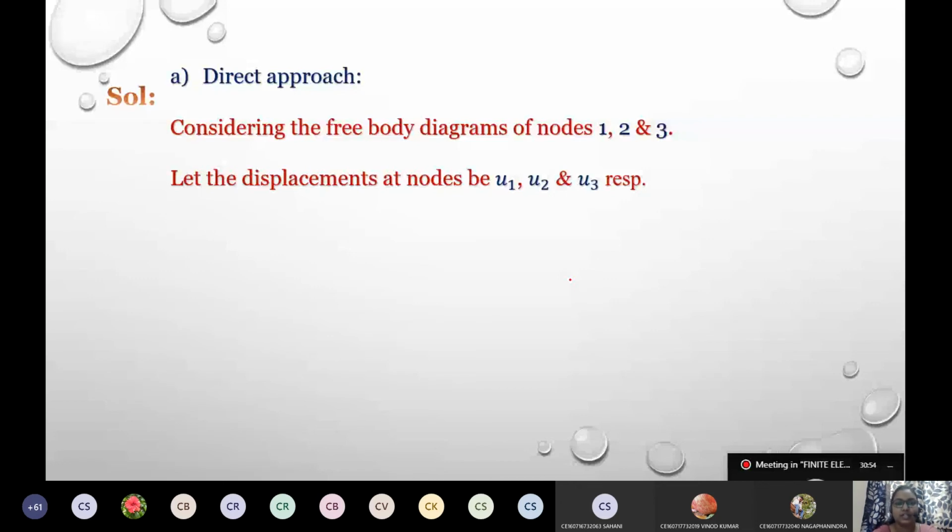A question is given and I can't directly write the direct stiffness matrix. No, that cannot happen. You have to show how you reached there. So what is given and what are the terms you're using. Many times we can use delta also for displacements. So how are we going to use all these things? If you specify it in the beginning of the problem, that will be good. All right. So I'm taking displacements as u1, u2, and u3.